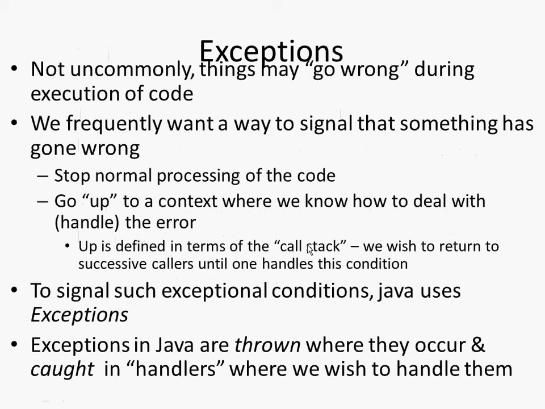Maybe it's have the user correct the name of the database, or maybe it's to go look for a backup database, an alternative database, a fallback database. But fundamentally, we may be in a bit of code that doesn't know how to handle it. We're ceding control, we're ceding authority to, we're appealing to other pieces of code to help us out with this awkward situation.